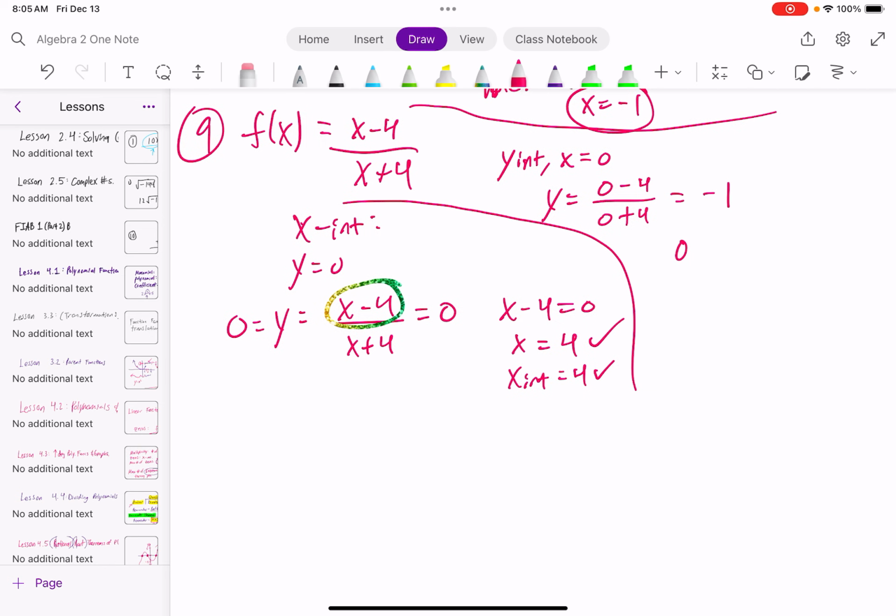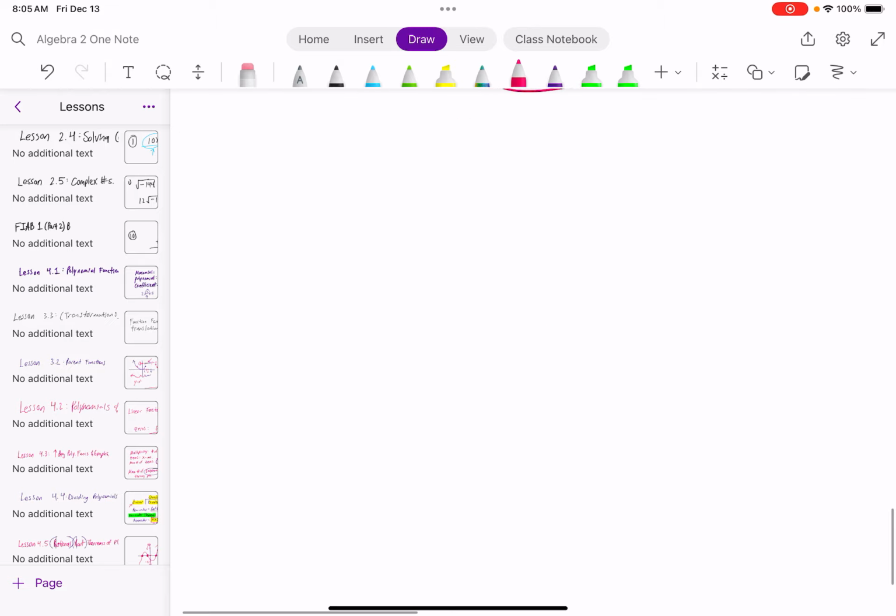Y-intercept is at 0, -1, and the x is 4, 0. Number 10. Find the x-intercept. Okay. I think you guys are capable of number 10. Find the y-intercept. So number 10 and 11 are the same.